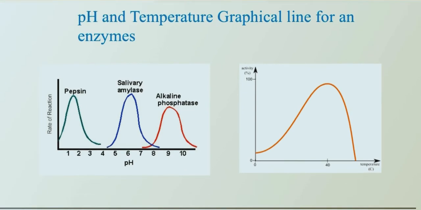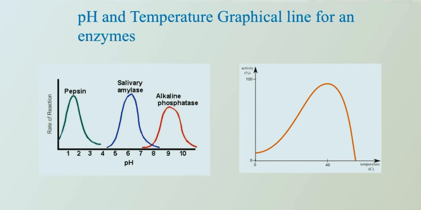So as you can see, this is the pH and the temperature graph line for an enzyme. In the left picture, there are 3 examples of different enzymes with different pH scales. For pepsin, it seems to be near 1.5.